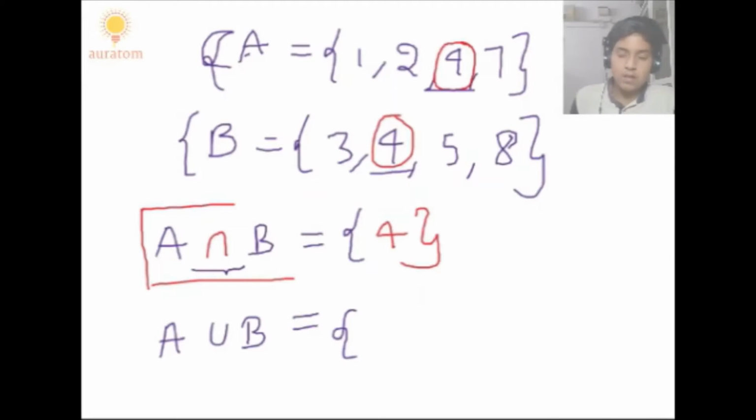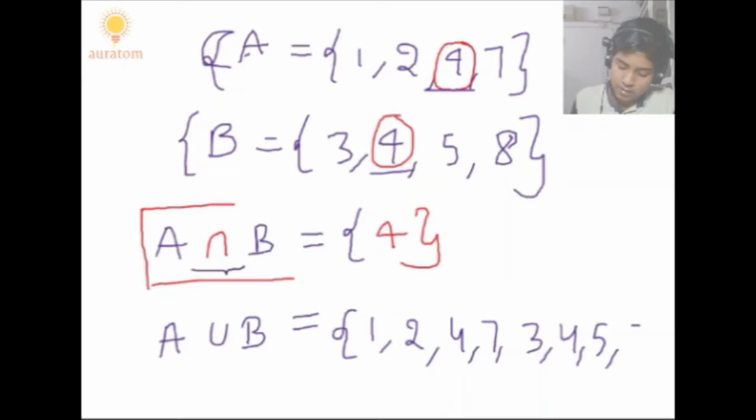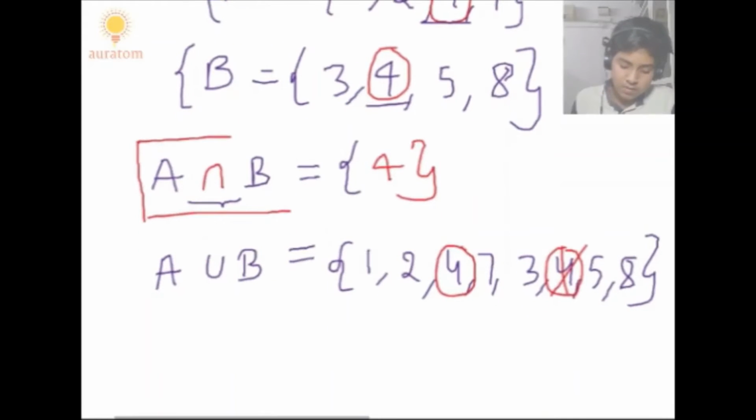So the union operation is like writing 1, 2, 4, 7, which are the elements of A, and we get to choose from A or B, right? So we can choose both from A and B. So we also write the elements 3, 4, 5, 8, and since 4 is already in the first set, we avoid writing it twice. We don't include this element twice. So this set becomes 4.